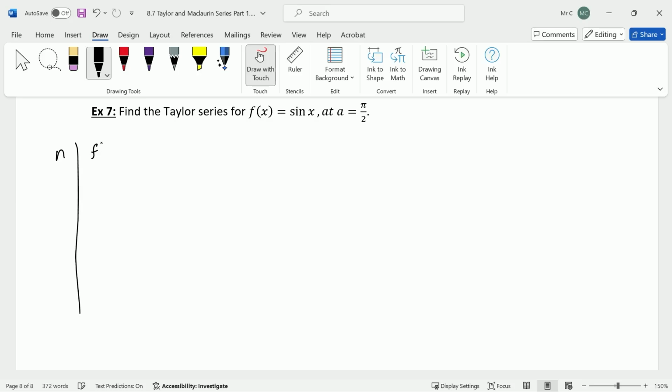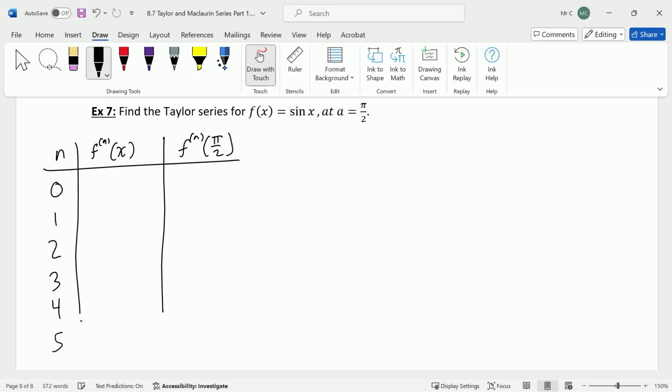And I'm still going to set up the exact same type of chart here. Zero, 1, 2, 3, 4, 5, and so on. We're just looking for the pattern. 0th derivative is still sine of x. First derivative is cosine of x.